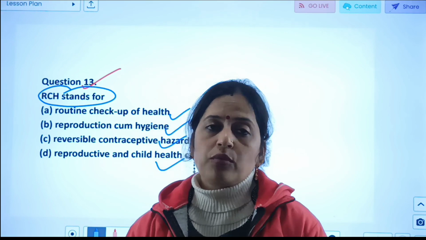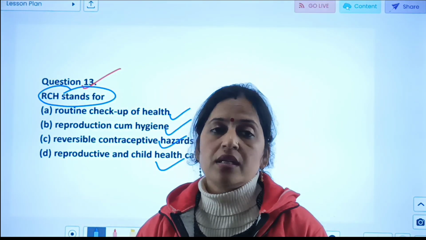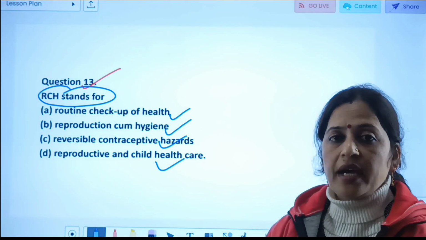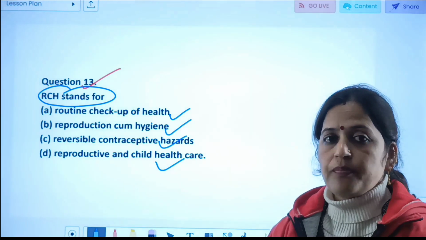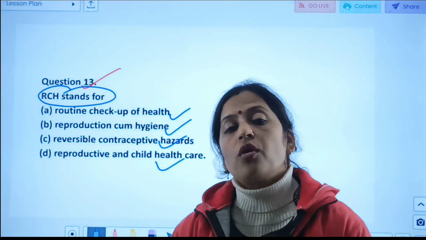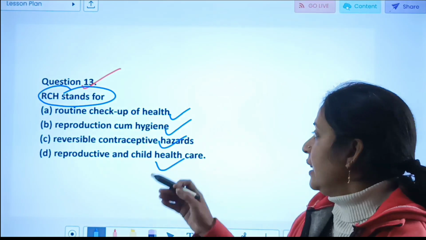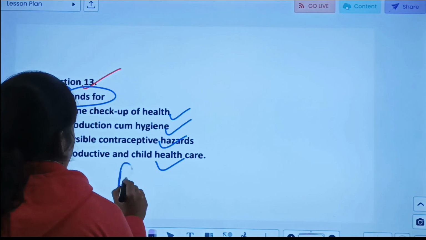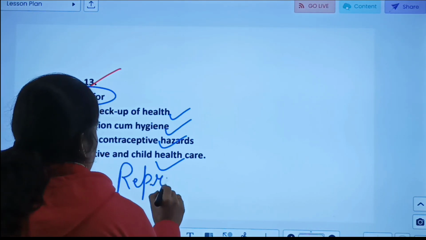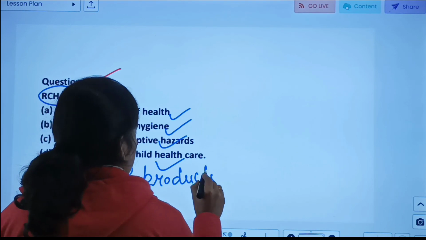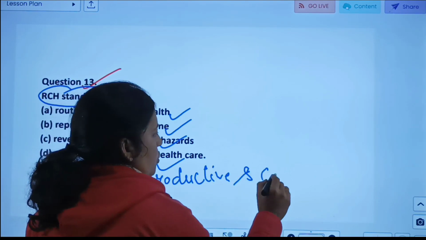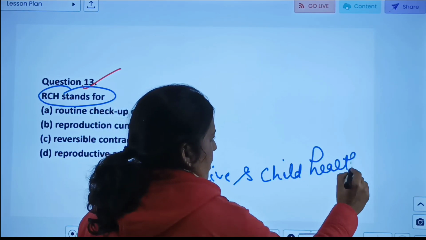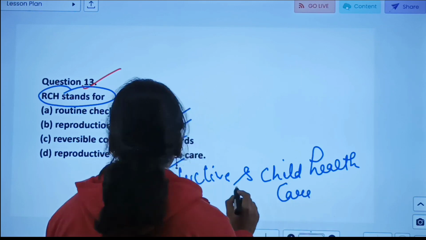Four options are given, you have to find out what RCH stands for. Routine checkup of health, reproduction cum hygiene, reversible contraceptive hazards, and reproductive and child health care.